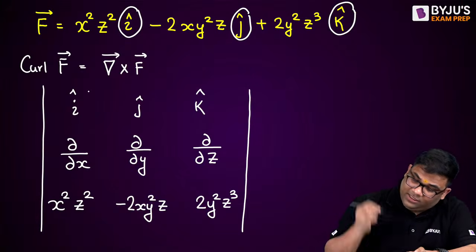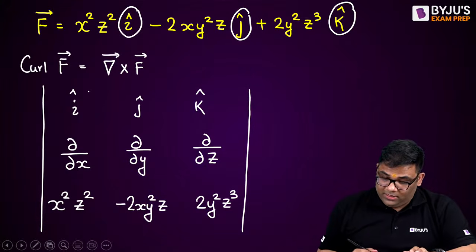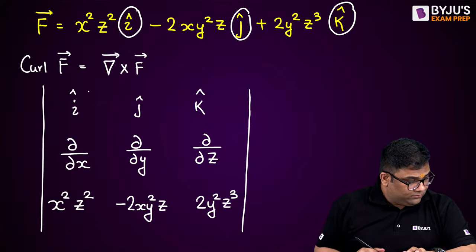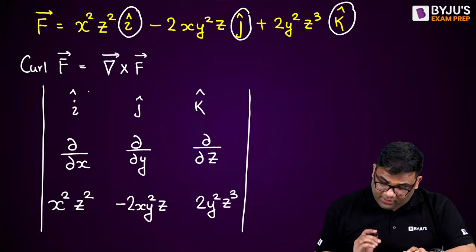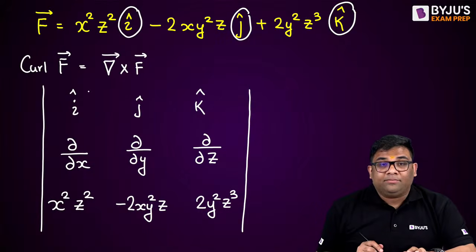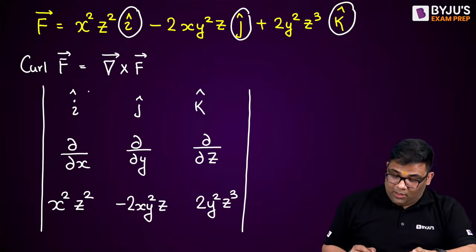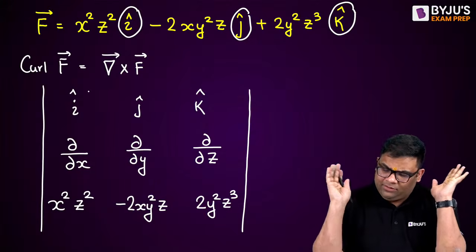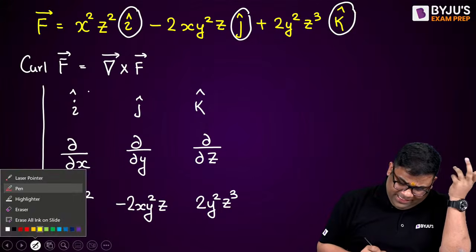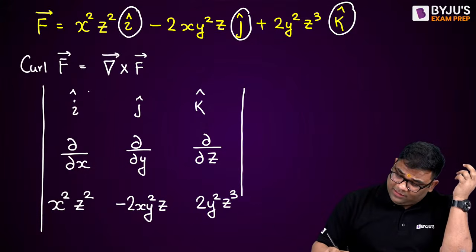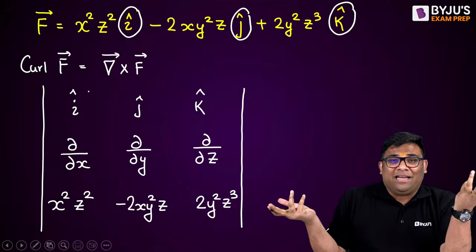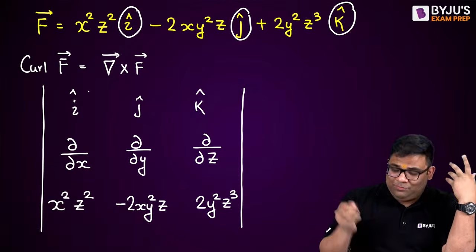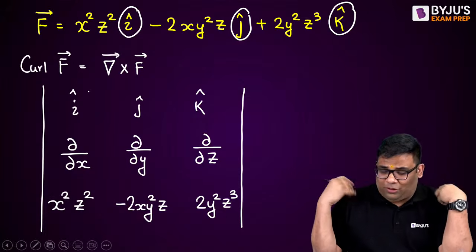This is how we find the cross product. Write down systematically, no hurry. If this question is asked, I will give you 2 marks. So do systematically, get 2 marks. You can take 3 minutes easily to solve this question.